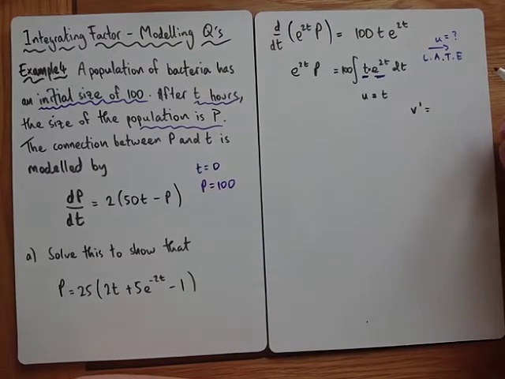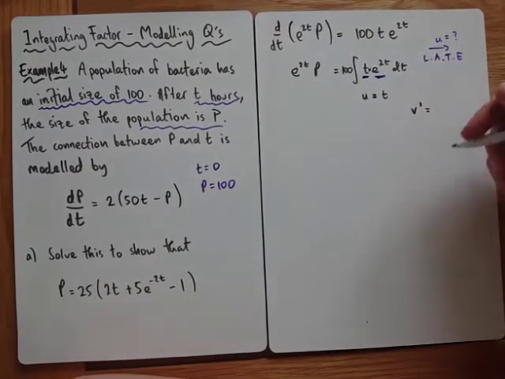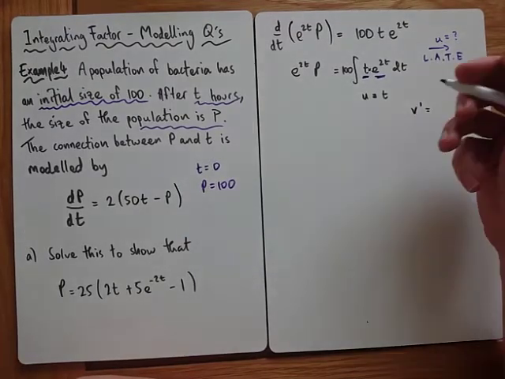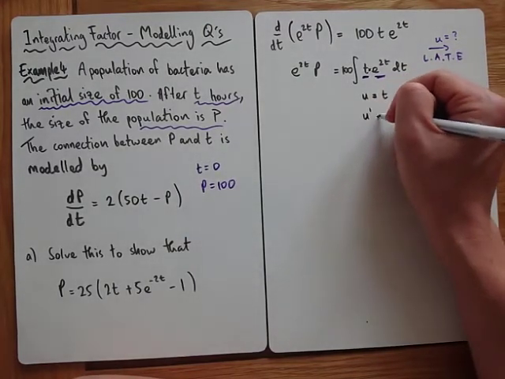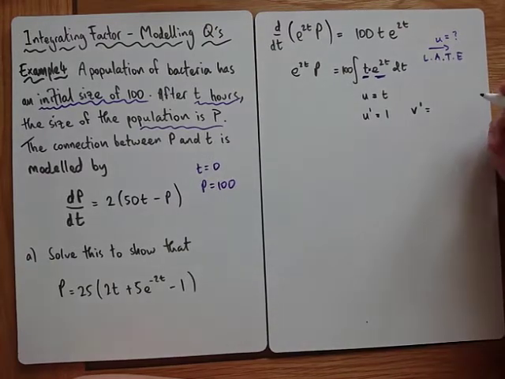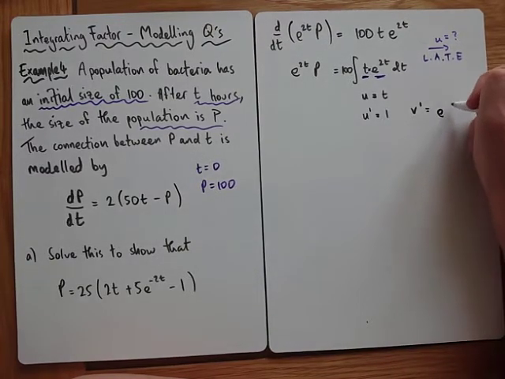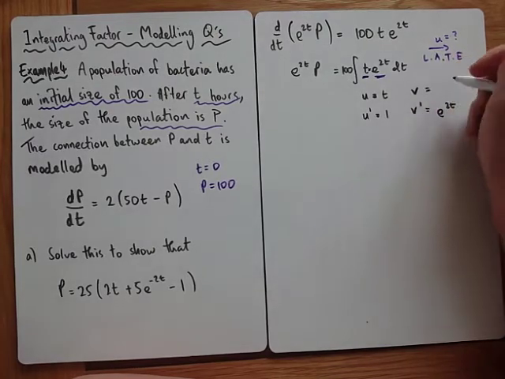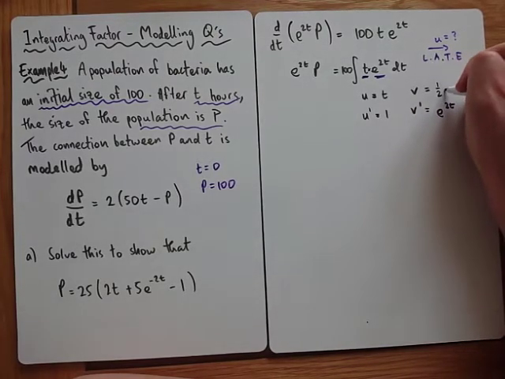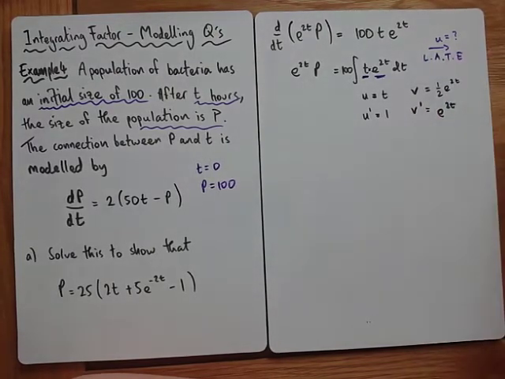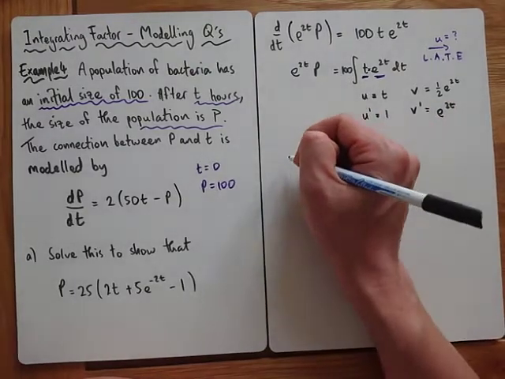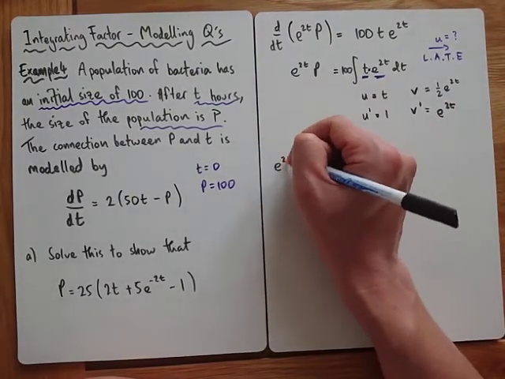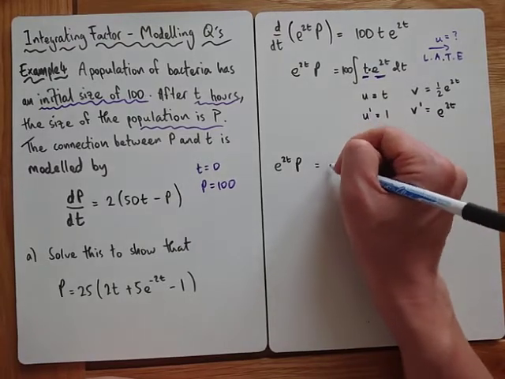If I just call it u and v dash, then I'm obviously going to be integrating one and differentiating the other one. So u dash would be 1, v dash is e to the 2t. So remember we integrate this one, which would be 1/2 e to the 2t. And then let's use the parts formula, so e to the 2t p would equal 100.